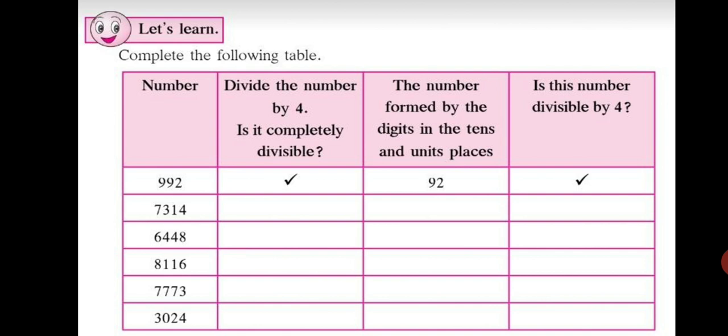Now the number formed by the digits in the tens and units place, the last 2 digits in the number, you write down 92. Is the number divisible by 4? 92 is divisible by 4? Yes. That means by solving this table, you will come to a particular rule to be followed for test of divisibility by 4. So first let us complete this table.